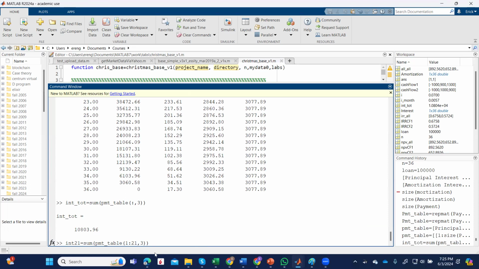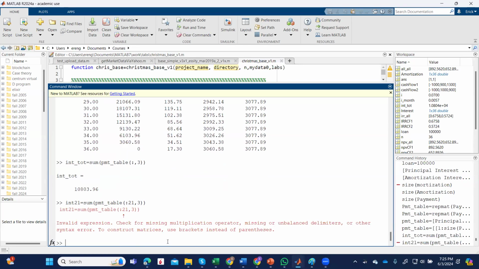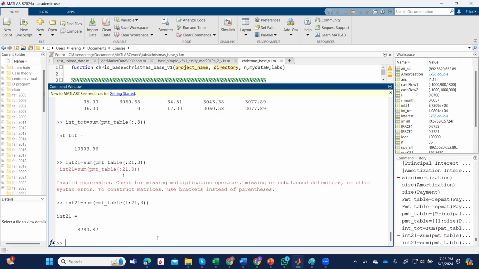Agree with me or not, guys? Or if you want, simply 2 dots 21. It's indifferent. Oh, no, it doesn't accept this version. So you need to be explicit. Payment from 1 to 21, third column. I am paying this amount of money.